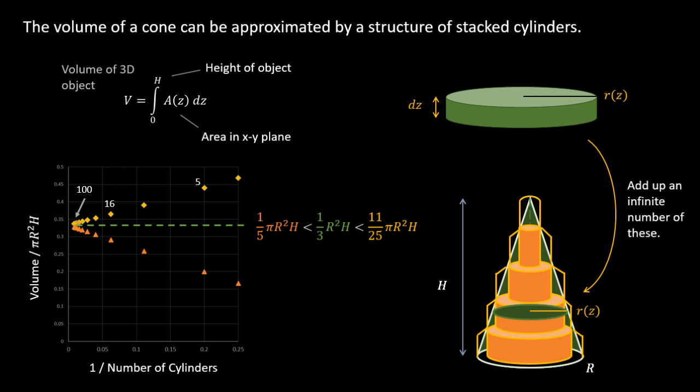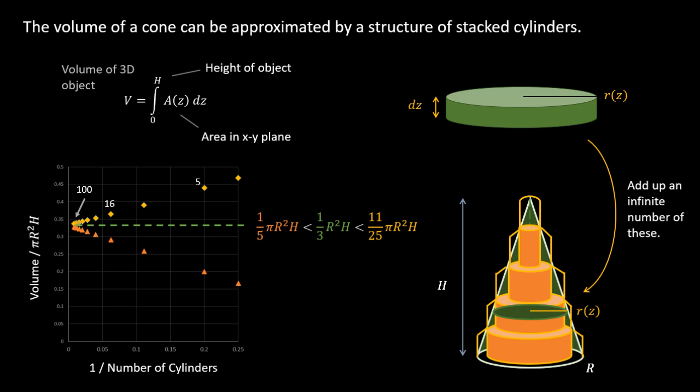So this is what we ended up with, right? We wanted to find the mass by using this volume, and when we did that, we just multiplied rho times this A of z. We see that these sums of these covering cylinders for the cone converge.